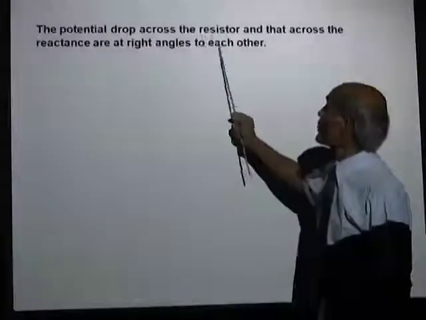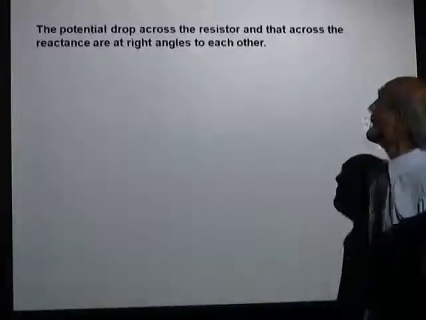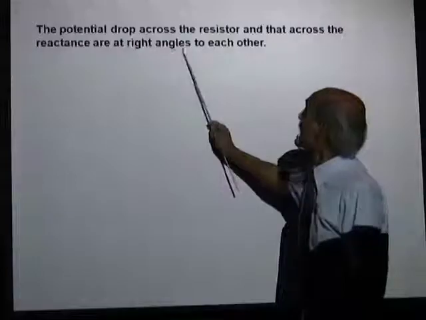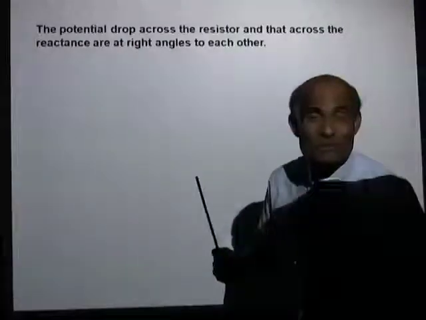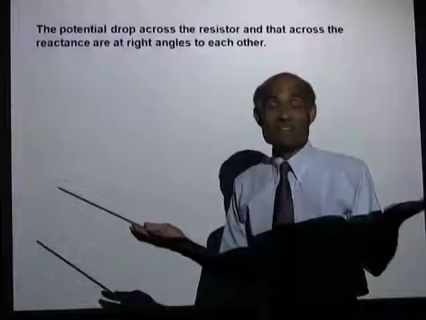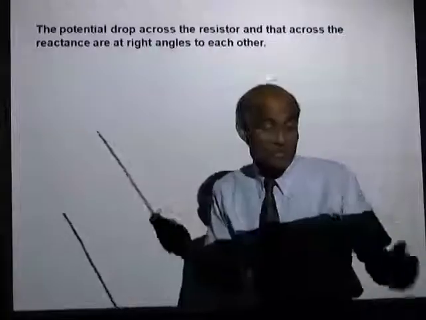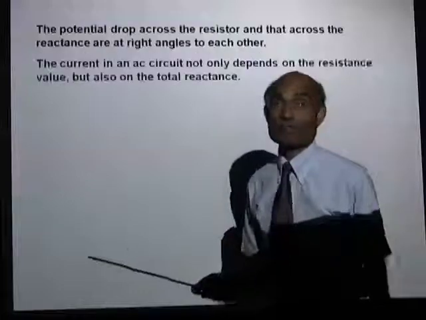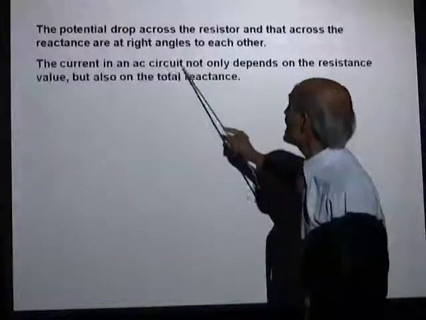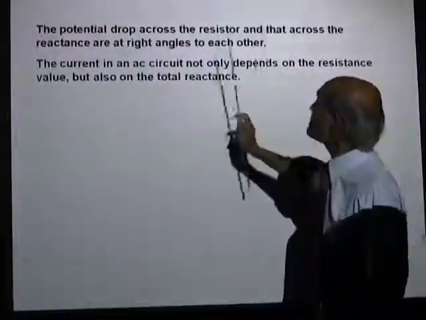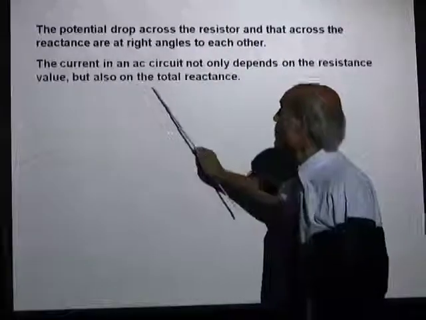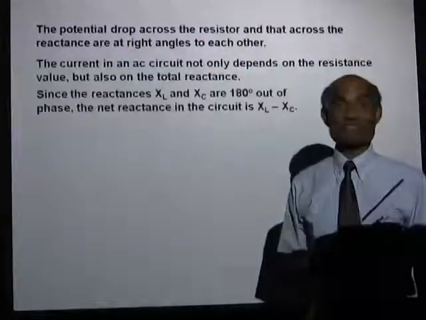The potential drop across the resistor and that across the reactance are at right angles to each other. Is that right? Yes. The potential drop across each of these are not in phase. The current in an AC circuit not only depends on the resistance value but also on the reactance.